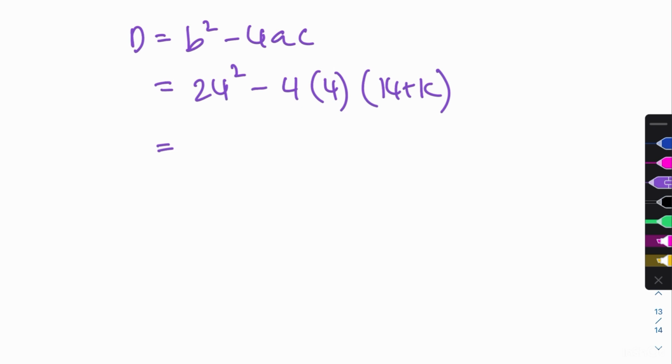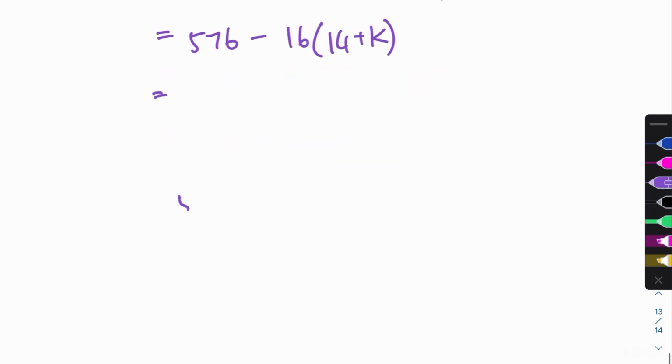Now let's simplify it. 24 squared is 576, minus 16 times (14 plus k), is equal to 576 minus 16 times 14, typing on the calculator, is 224, minus 16k.